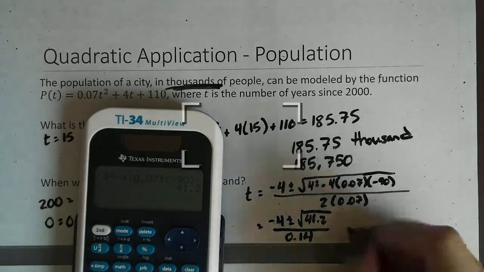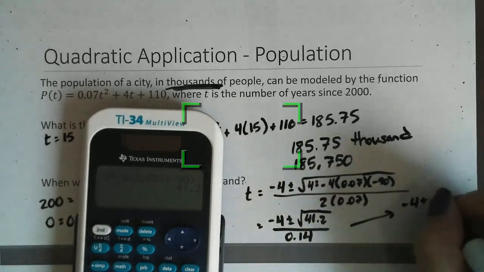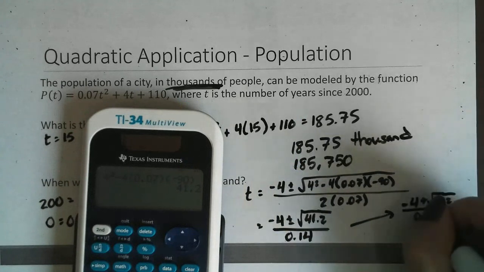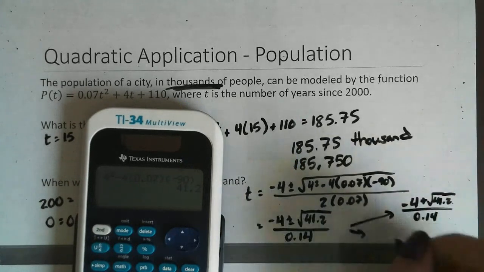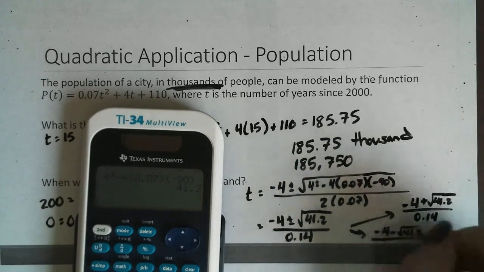So we're looking at two answers right now. Either -4 plus the square root of 41.2 divided by 0.14, or -4 minus the square root of 41.2 over 0.14.